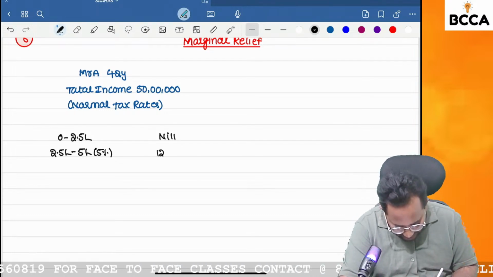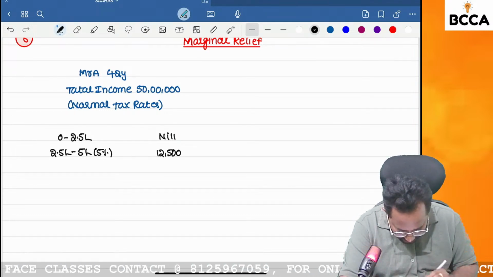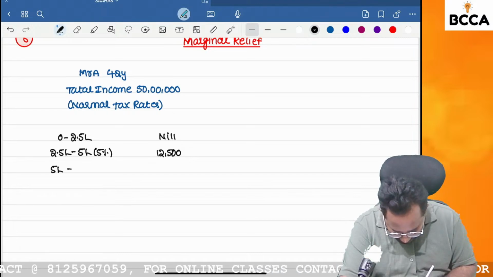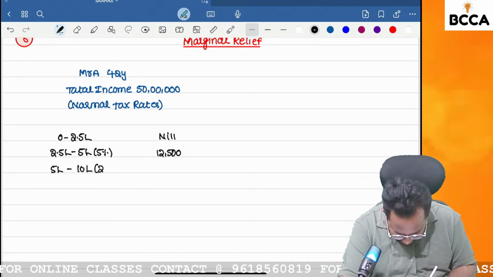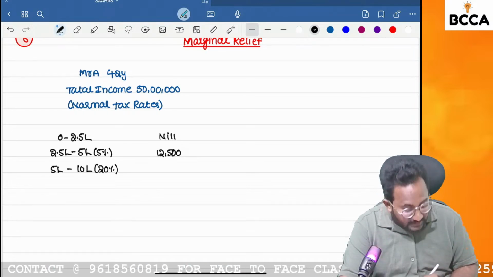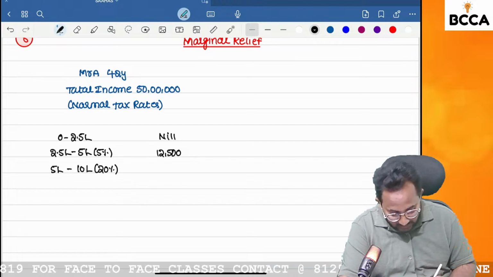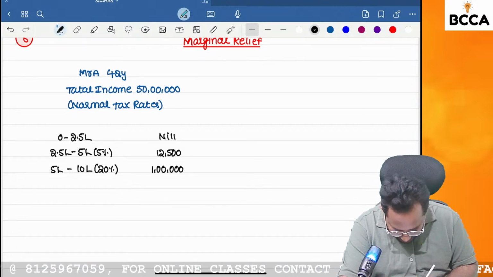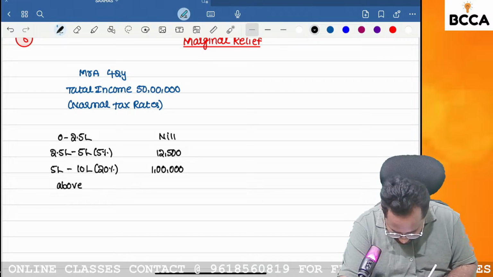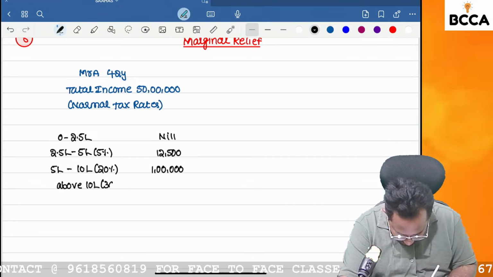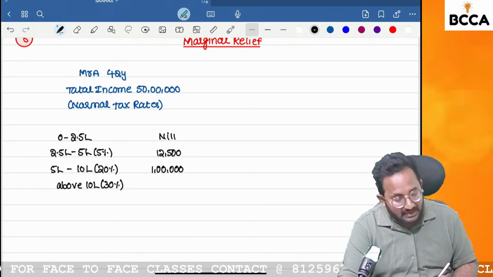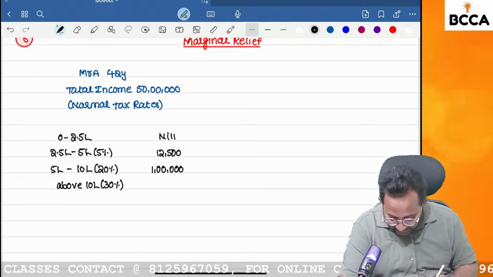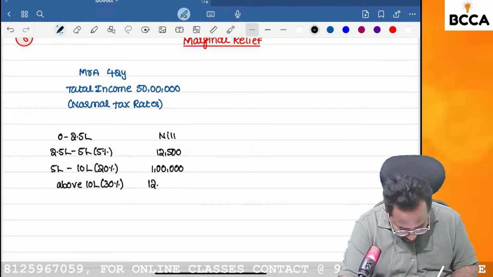2.5 lakh to 5 lakh, the 5% slab will be applicable here. What is the tax liability? 12,500. Next, 5 lakh to 10 lakh, there is 20%. So 5 lakh is the differential amount, on which 20% is applied. How much? 1 lakh. Next, above 10 lakh, 30%. How much amount is there above 10 lakh? 40 lakh. 40 lakh into 30% is 12 lakh.